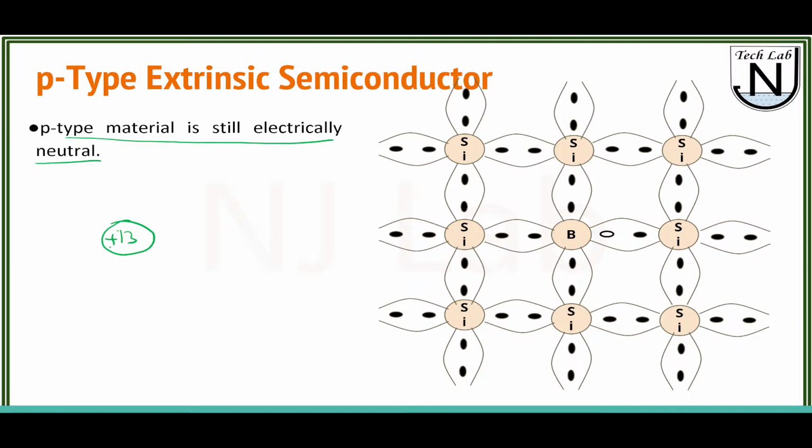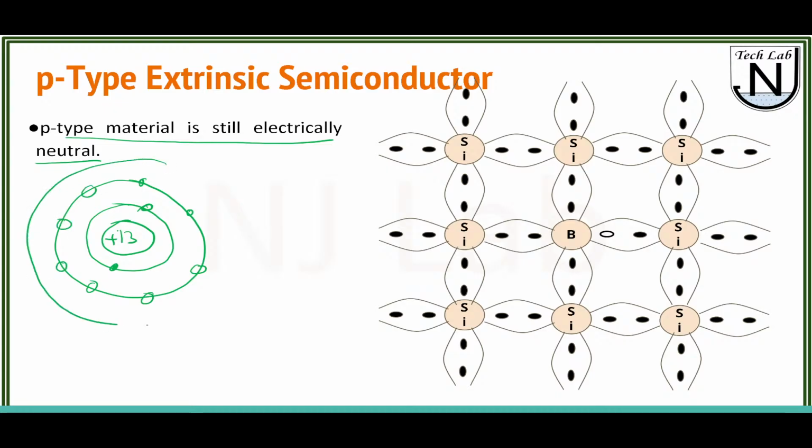let it be plus 13, meaning in the nucleus we have plus 13 charge, plus 13 protons. It means in the first shell it will have 2 electrons, in the second shell 8 electrons, and in the third shell it will have 3 electrons, right?